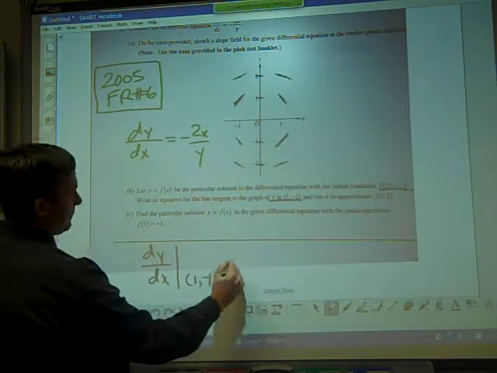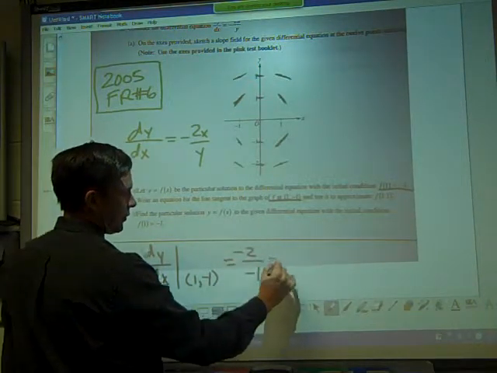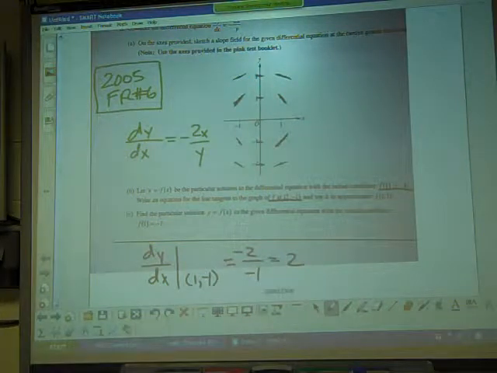When I plug that in, I'm going to get negative 2 over negative 1. So you agree the slope is positive 2?